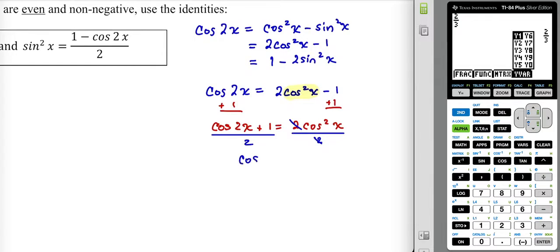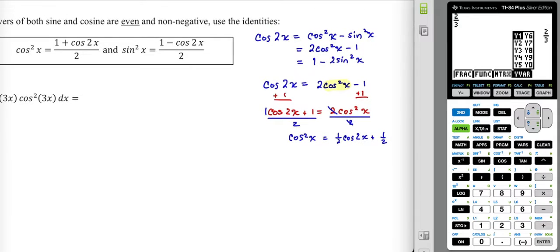And so I'd have cosine squared x is equal to, and I would split up the fraction here because there's an understood 1 here. So 1/2 cosine 2x plus 1/2. If you look at that and compare it to what we have here, it's essentially the same thing.